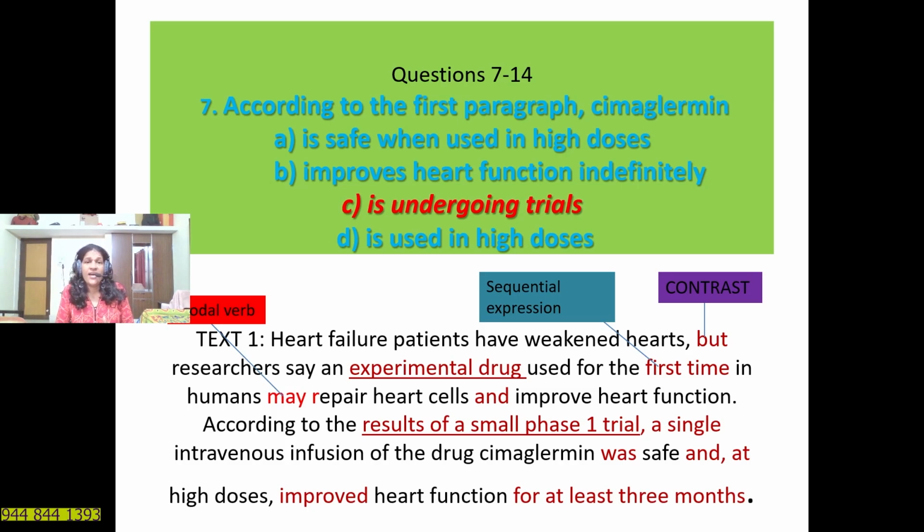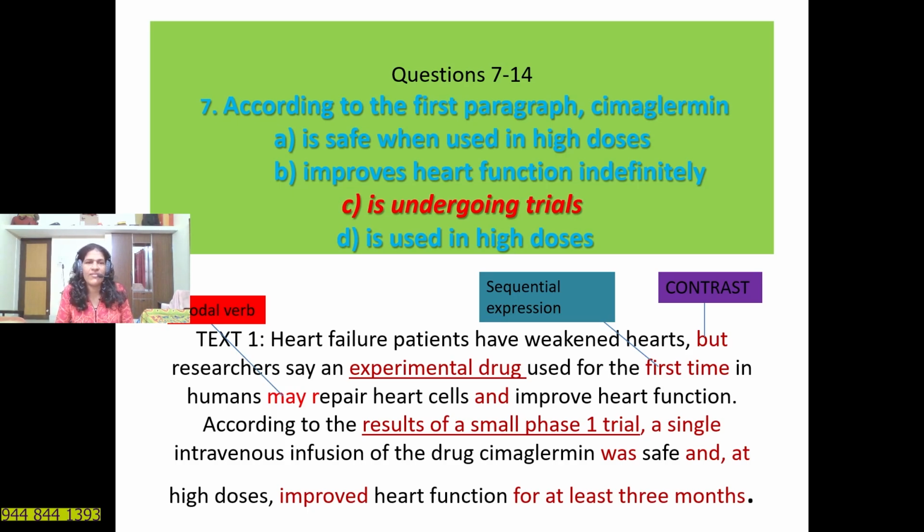Let us see here. Heart failure patients have weakened hearts, but you see there is a contrast, but. Researchers say is the opinion, okay, an experimental drug used for the first time. You see the sequential expression, first time in humans may repair heart cells.